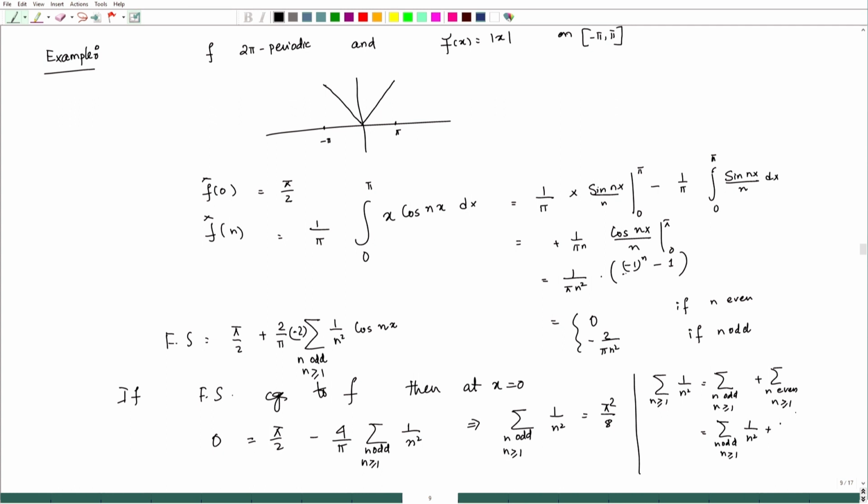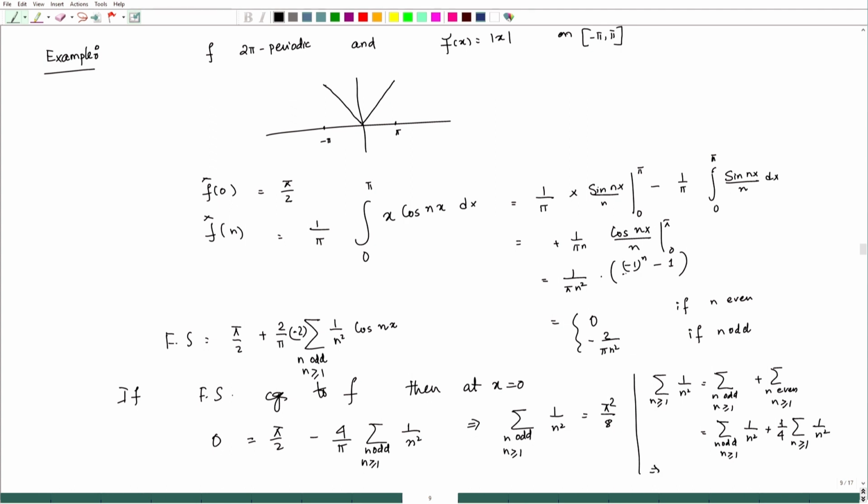So, this essentially becomes summation n odd, n greater or equal to 1, 1 by n square, plus 1 by 2k whole square, that will be 1 by 4k square, because n is equal to 2k. So, this is 1 by 4 summation over n even, n greater or equal to 1, 1 by n square.